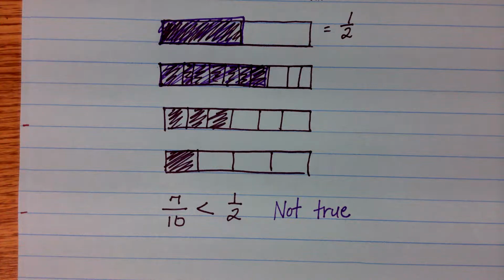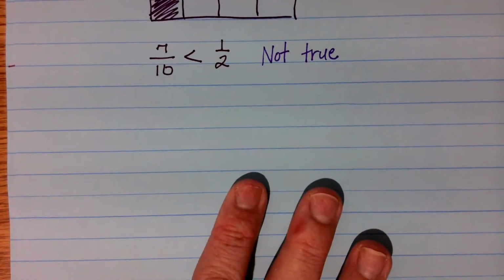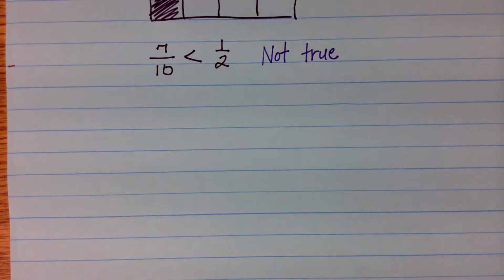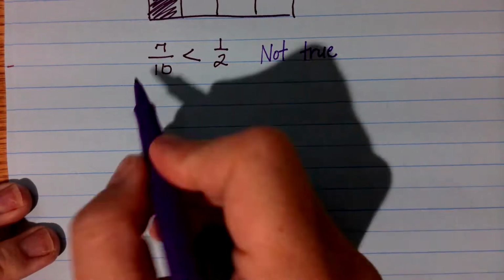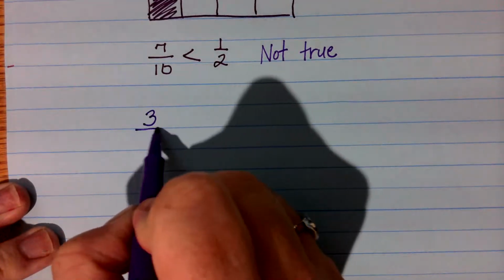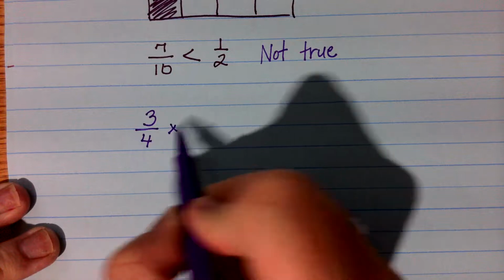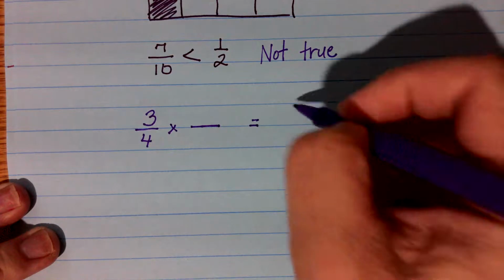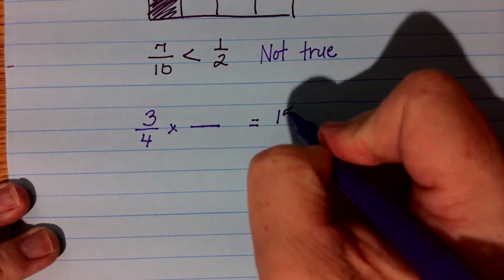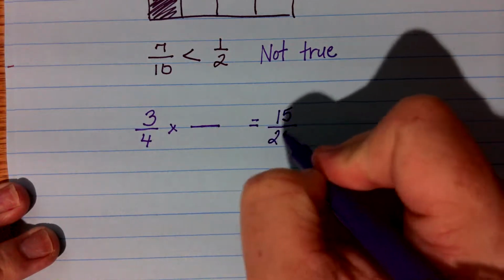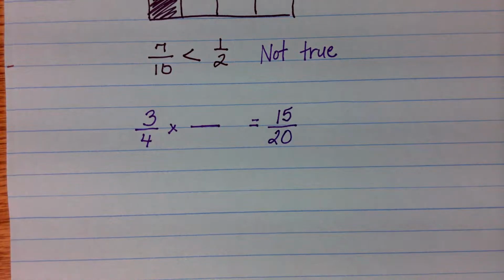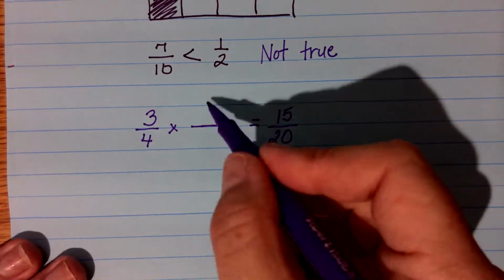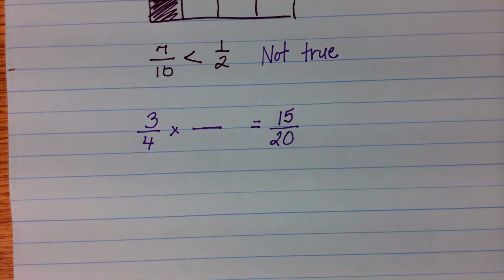Another question that you might run into on your lesson might look like this: 3/4 times blank equals 15/20. And you have to figure out what would go in this blank to make this true.